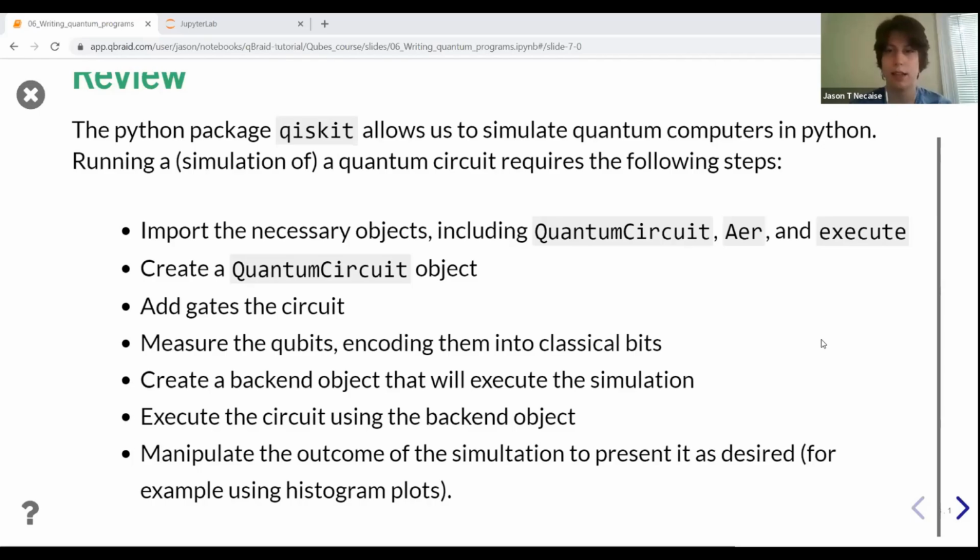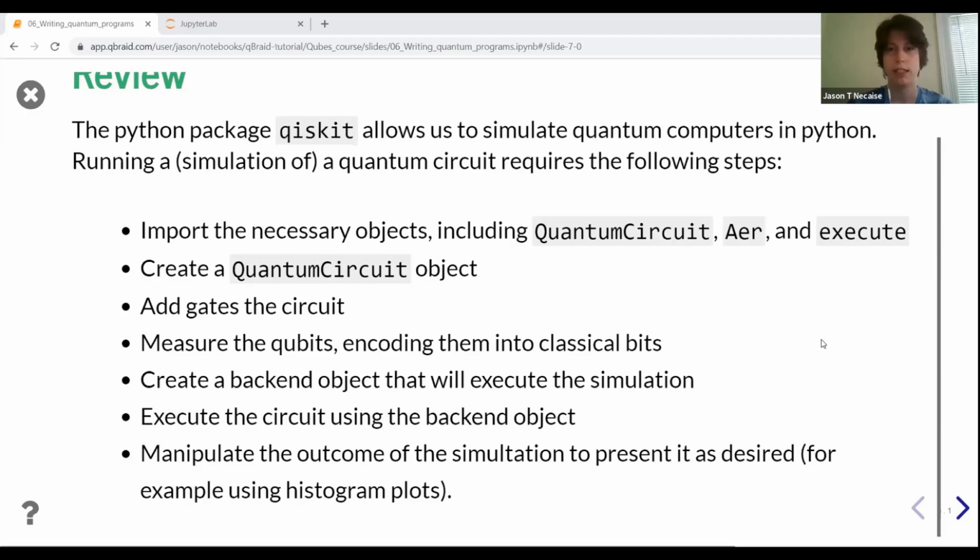To actually execute that, you have to tell it what to execute it on. In most cases, for us, we will just be using a backend that is a simulator on your classical computer. But if you would like, the process is the exact same for executing this on a quantum computer offered by IBM, for example.